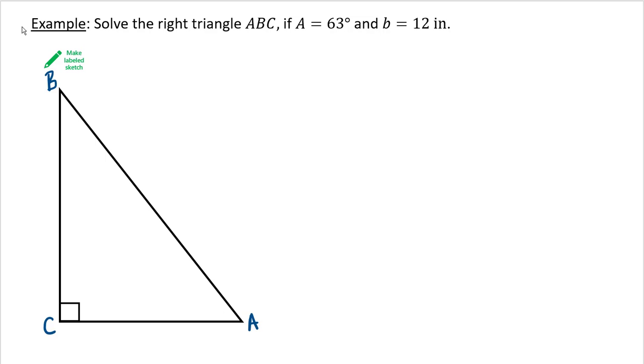So for example, the hypotenuse I'm going to label with lowercase c, since that's the side opposite of angle C. This leg I'm going to label with a, since it's opposite of angle A, and then the base is going to be side b. So what we're given is that angle A is 63 degrees, so I'll make sure to label that. And then side b is 12 inches.